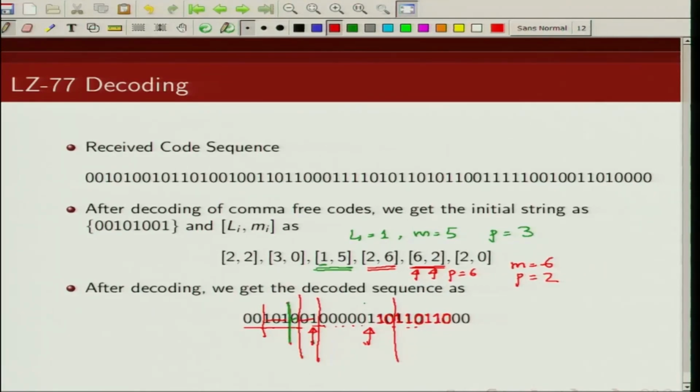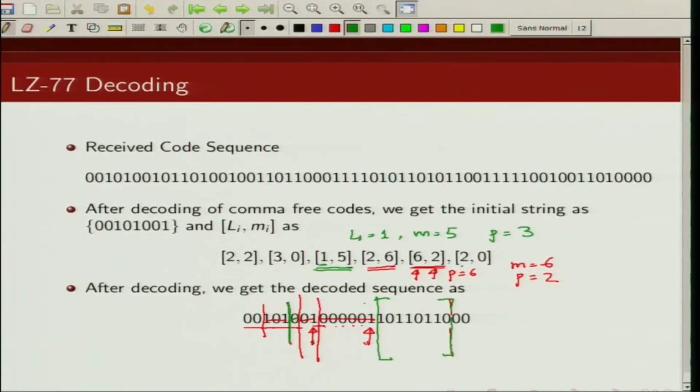So this is the string that has been added. Now my new dictionary will be, after I get rid of the 6 bits, 1, 2, 3, 4, 5, 6, this one. This is my new dictionary.